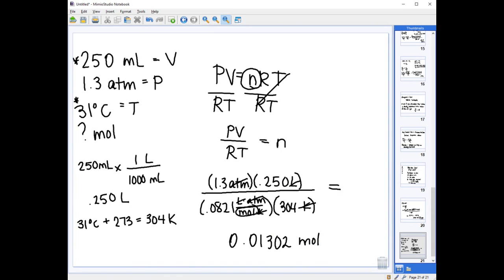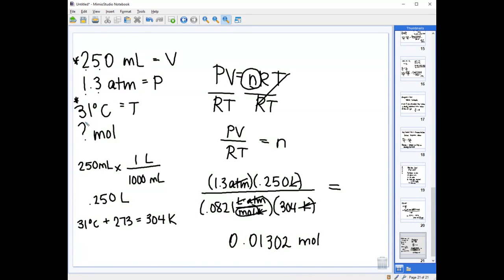So how many significant digits do I need? Yes, I just need 2, because looking at my volume there, when I have a 0 at the end and no decimal here, then I only have 2 significant digits, here and here.